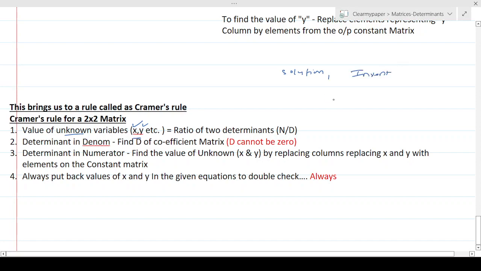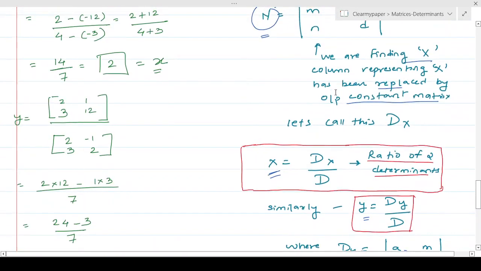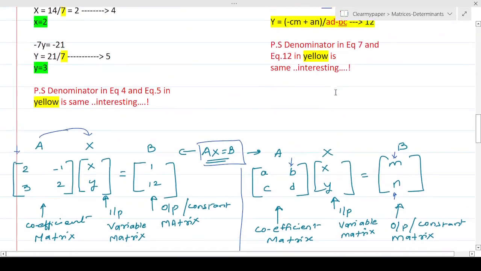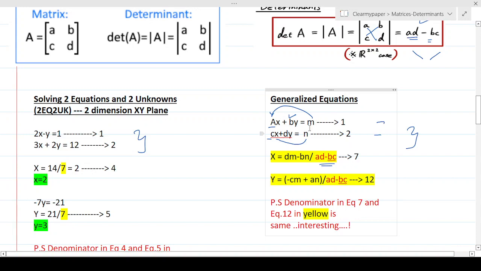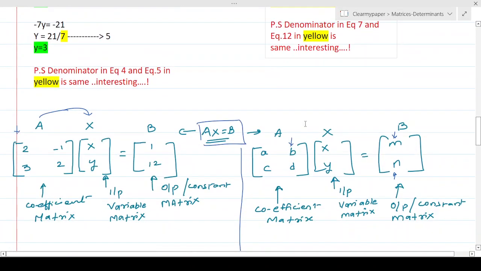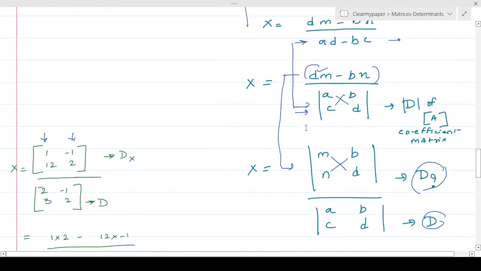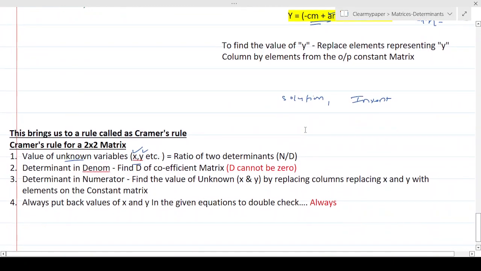Basically, the given equation is expressed with m represented in terms of ax and by. But if you want to invert this, meaning you want x to be represented in terms of the other variables, that's what is called inversion. So finding the inversion of a linear equation, or inverting a linear equation, or finding a solution to simultaneous equations, or solving by Cramer's rule pretty much mean the same. So I just wanted to tell you that part.